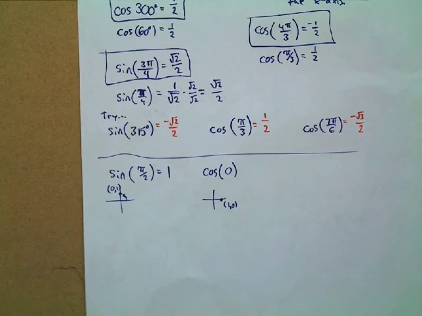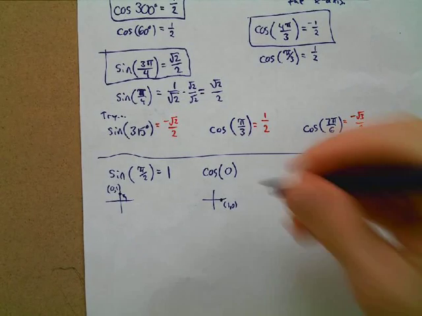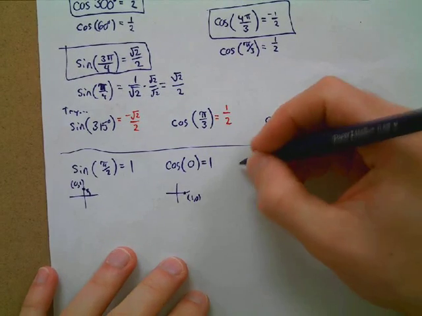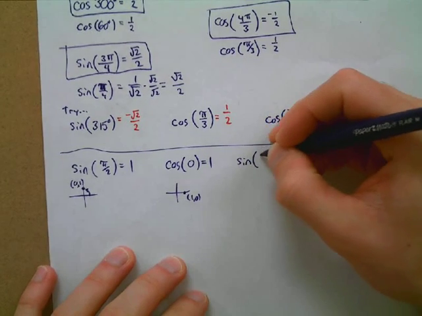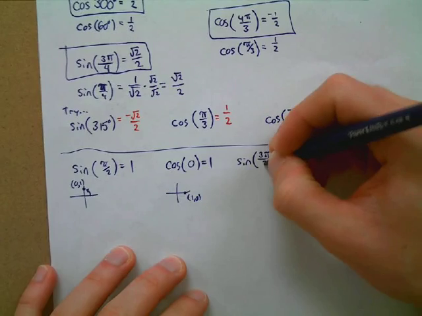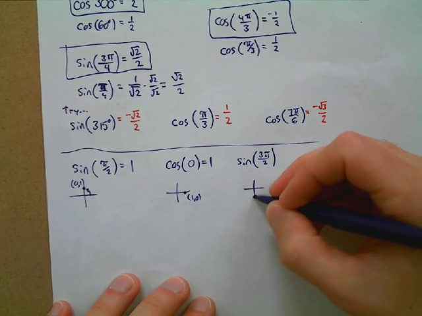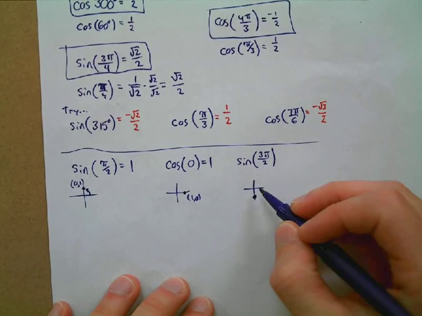That's here on the unit circle, going around to here. The coordinate there is (0, negative 1), so sine of 3 pi over 2 is going to be negative 1, because the y coordinate at that point is negative 1.